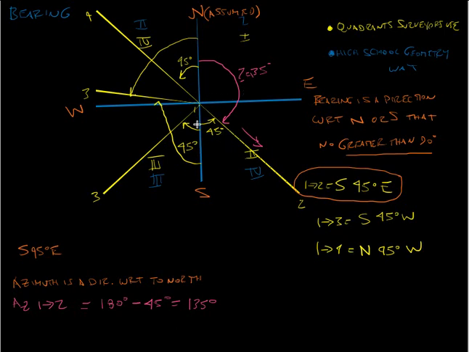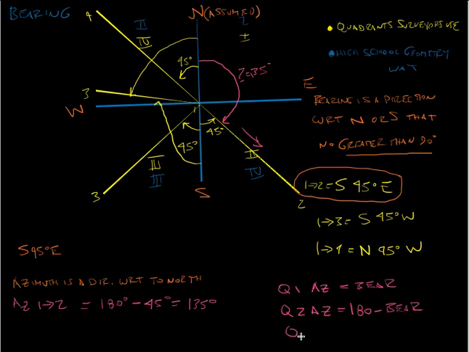So these can be converted all the time. If you're in quadrant 1, your azimuth is equal to your bearing. Quadrant 2, which we just did, your azimuth is equal to 180 minus your bearing.